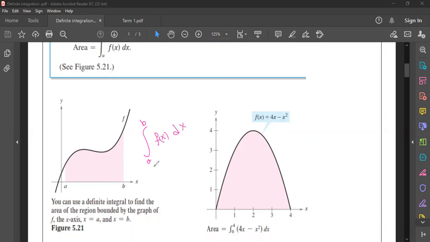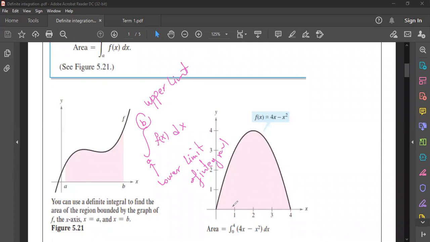What do I call this? Lower limit of integration. Okay, this is called the upper limit of integration. Okay, I think it's so easy.